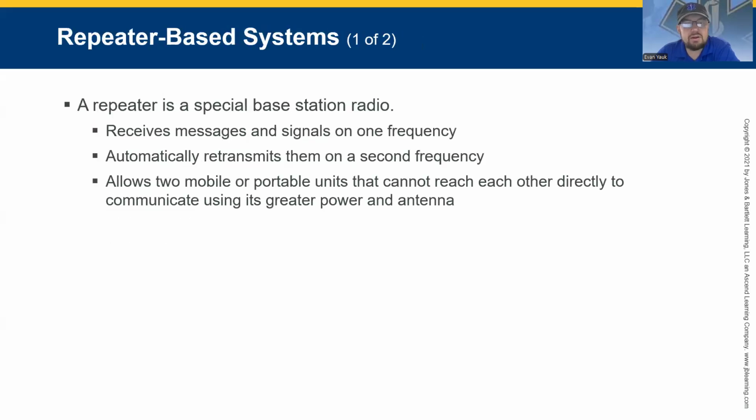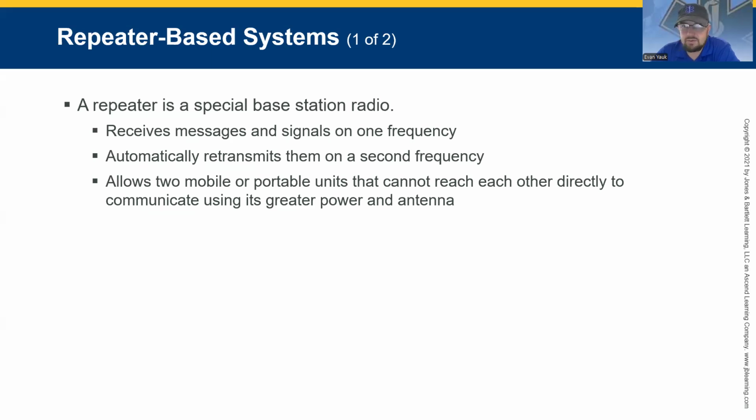A repeater is a special base radio. It receives messages and signals on one frequency, automatically transmits them on a second frequency, and allows two mobile or portable units that cannot reach each other directly to communicate using its greater power antenna.